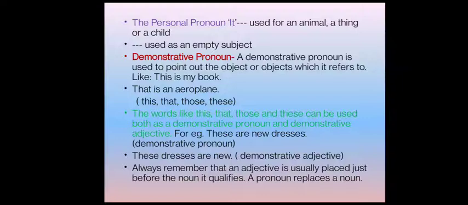For example, this is my book. So this is a demonstrative pronoun. That is an aeroplane. So that is an example of a demonstrative pronoun. Basically, demonstrative means to give an example. The words like this, that, those, these can be used both as a demonstrative pronoun or a demonstrative adjective.